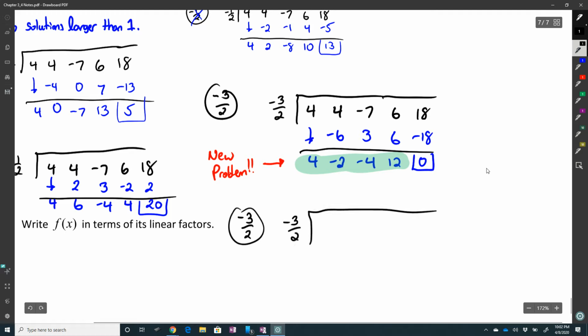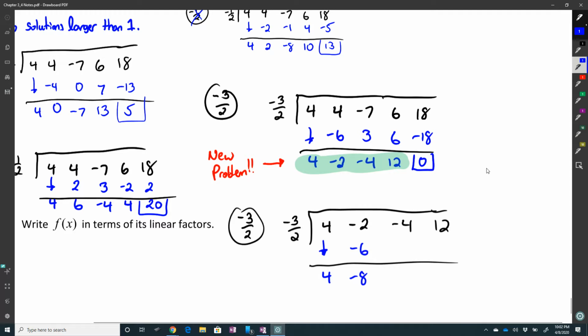And now I'm using the new problem, 4, negative 2, negative 4, 12. And we repeat it. 4, I know that's going to be negative 6, negative 8. 8 times 3 is 24, over 2 is 12. Okay, 12 minus 4 is negative 8. And then again, we work this out.